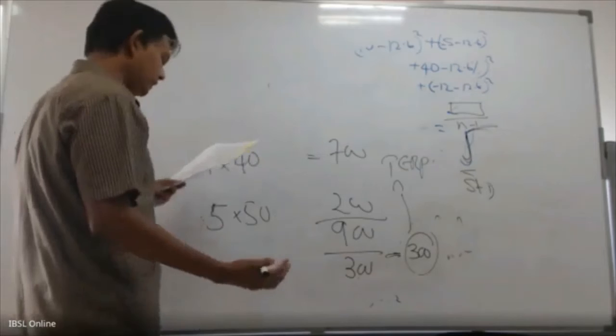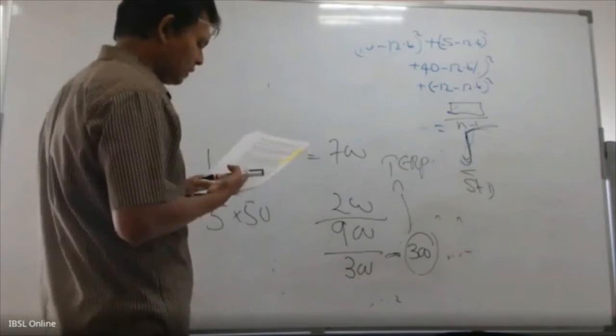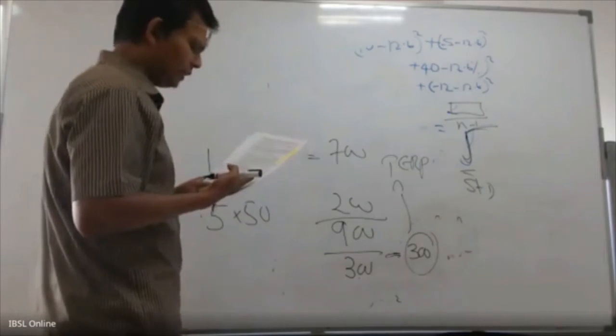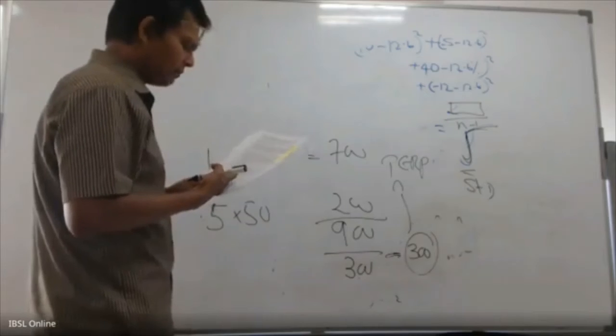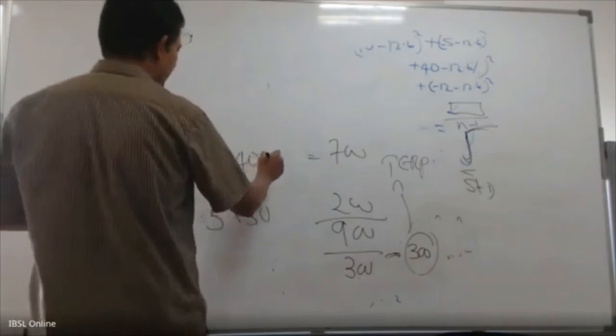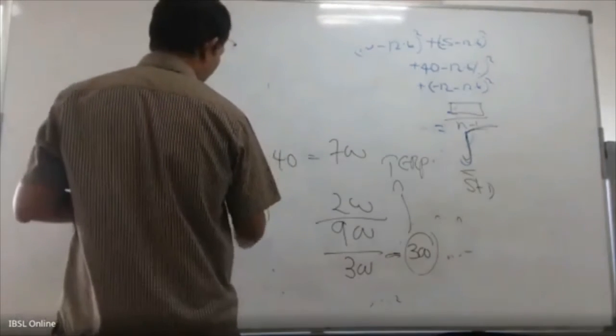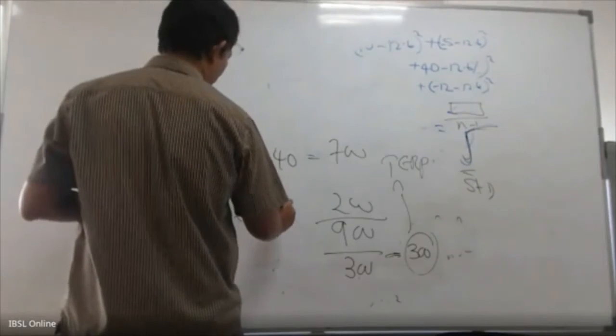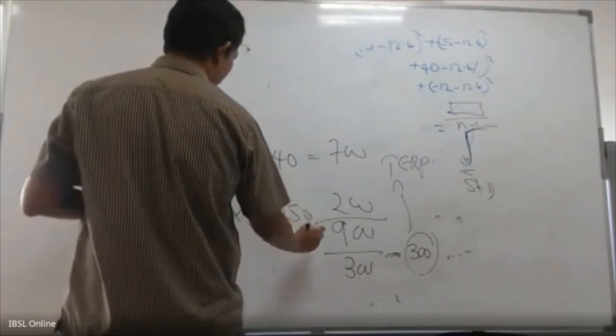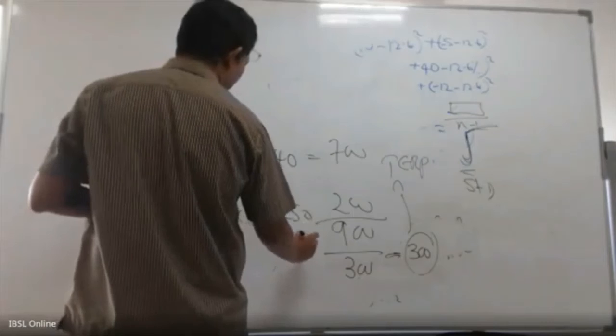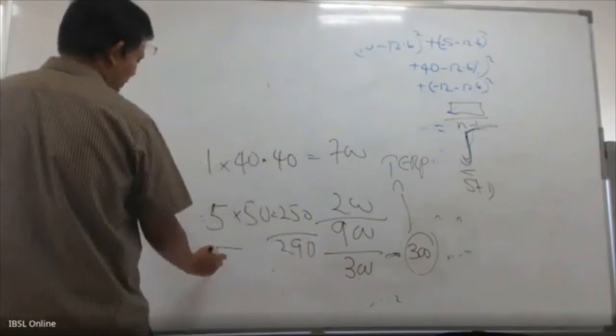So the second question they are asking, based on the information provided, calculate the theoretical expected share price after the rights issue. So this is here the 40 and here the 250. Total is 290. So divided by how much? 6.